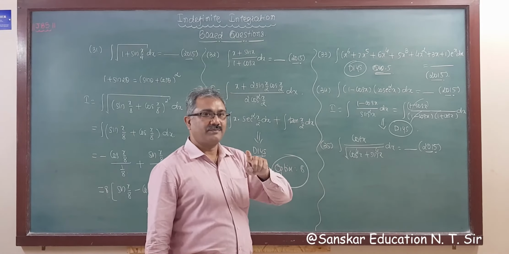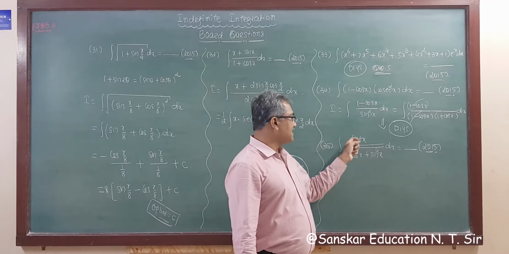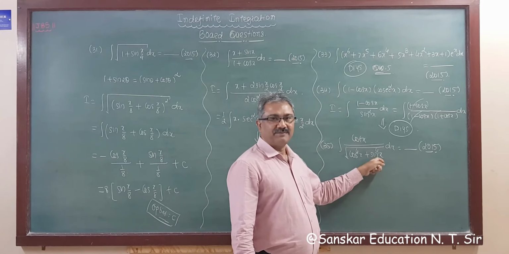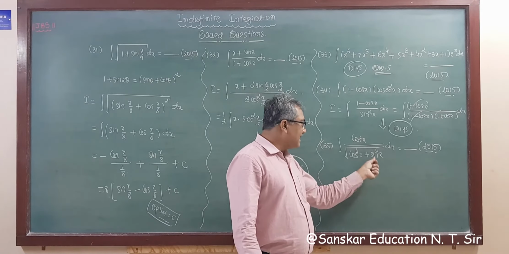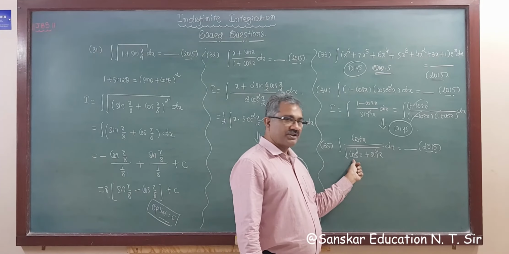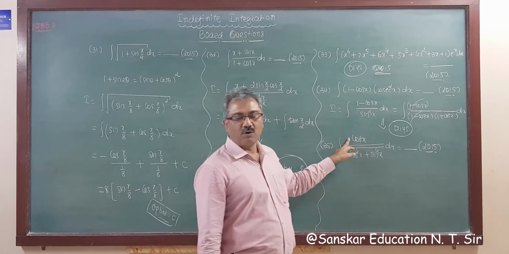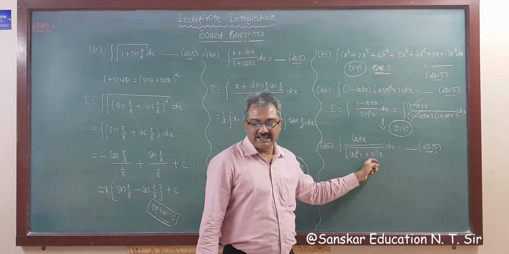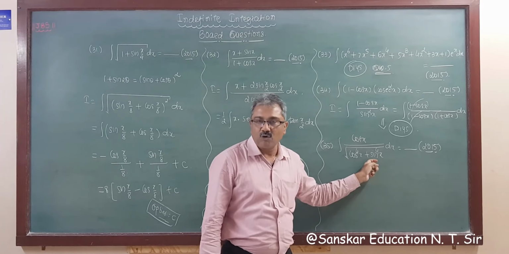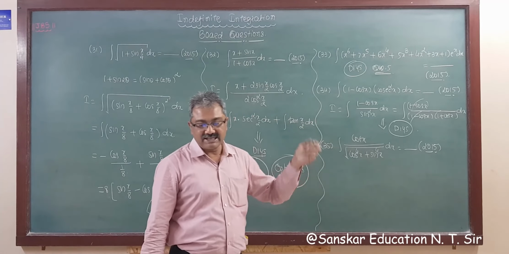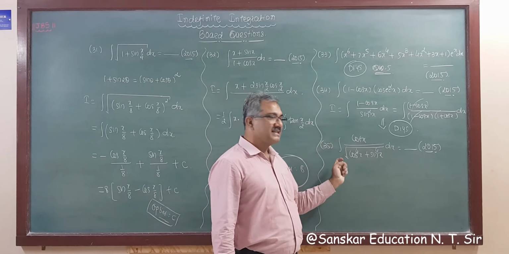Now this is also for you to do. See, this is cot, this is cos, this is sin. If we take sin raised to 4 common, then this becomes cot, and the derivative of cot is minus cosec square, and here there is only cot, right? So I am taking sin raised to 4 common from here. If we take sin raised to 4 common, then it becomes sin square x.